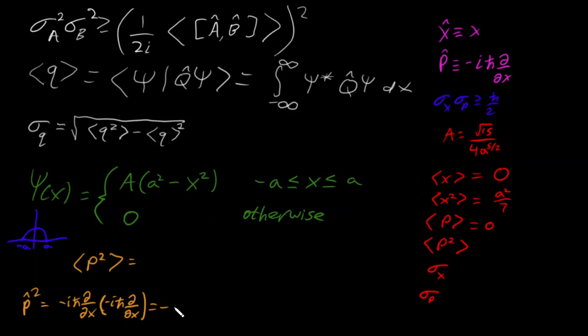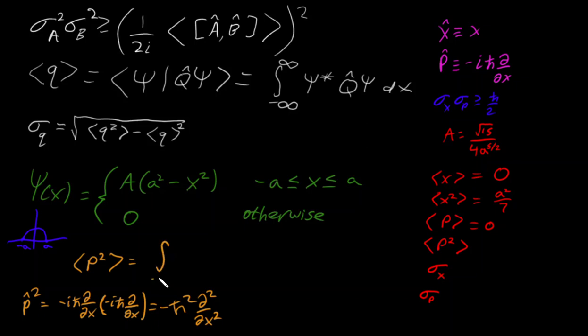So this is negative h bar squared d squared by dx squared. And note, for the last integral, you would have had to actually take the derivative of the function before you did the integral, or use integration by parts, but I would definitely not recommend doing that, because then you'll still have an integral and it'll turn out ugly. So you just take the derivative and then do the integral, do the bounds.